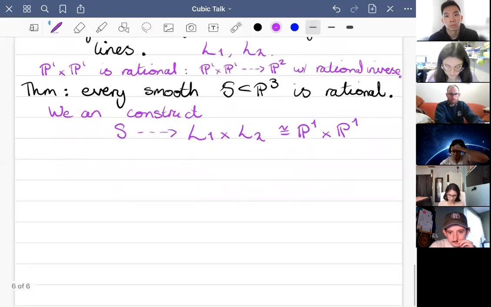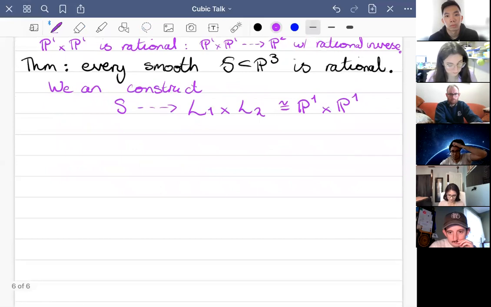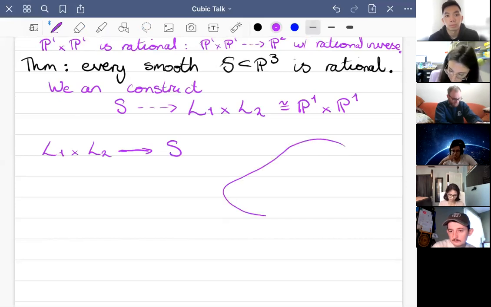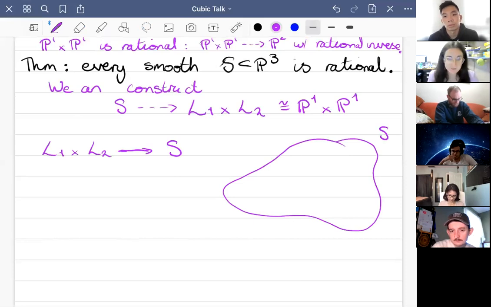Okay, so how do we construct this map? So first, actually, I'm going to construct the other way. The other way is kind of easier. And actually, I think it's defined everywhere. So let me draw a picture. This is maybe the only picture I will draw.